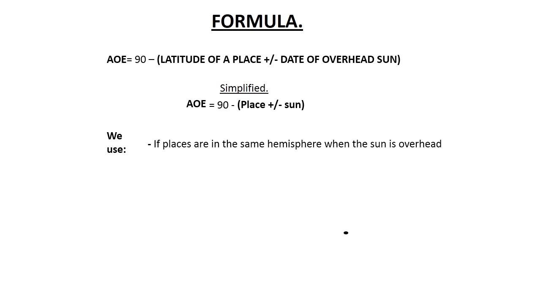But if it's on 21st of December and they tell you to find the angle of elevation of a place in the northern hemisphere, then we are going to add. We are going to talk about that in further detail.